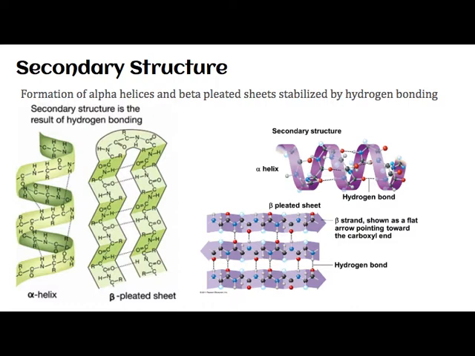Remember, there's an OH and then there's an O. So this can react with this, release water, and you have, oh, no, not a peptide bond. Peptide bond is between amino acids. This one is between side chains, like the amino group and the carboxyl group. We call it a hydrogen bond. And hydrogen bond is not as strong as a peptide bond. Although it's the strongest intermolecular force, you can still break this hydrogen bond.